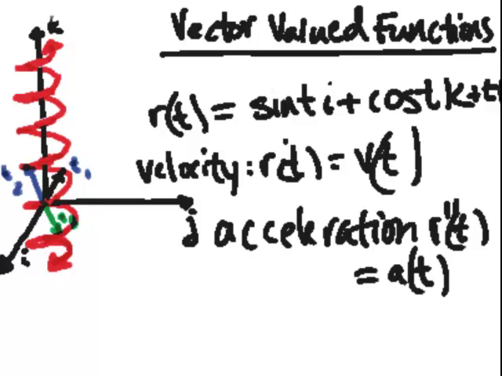You can also find what's called a tangential vector and a normal vector. And as the name implies, it would be a vector that is tangent to the curve at a specific point.